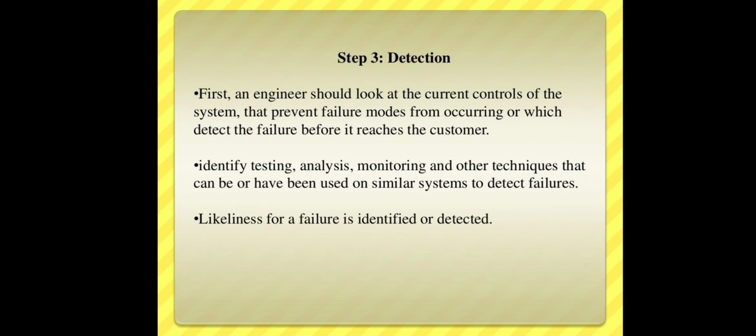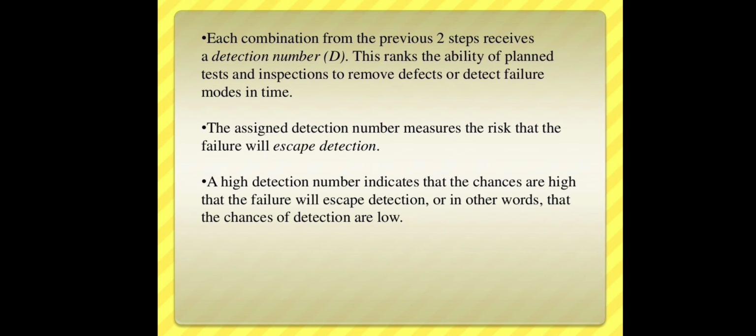Detection. First, an engineer should look at the current controls of the system that prevent the failure mode from occurring, or which detect the failure before it reaches the customer. This means identifying testing, analysis, monitoring or other techniques that can be or have been used on similar products or systems to detect failures. Each combination from the previous two steps receives a detection number.